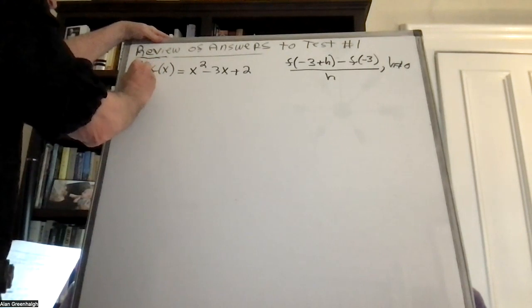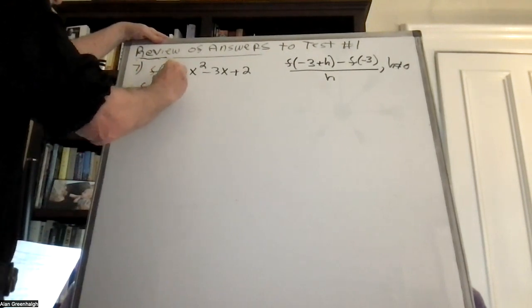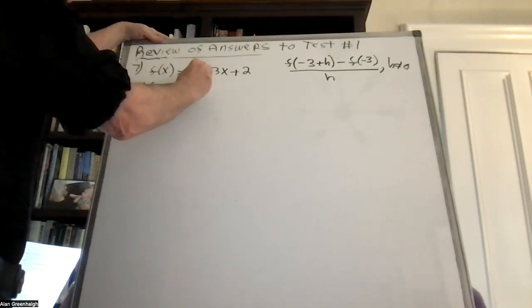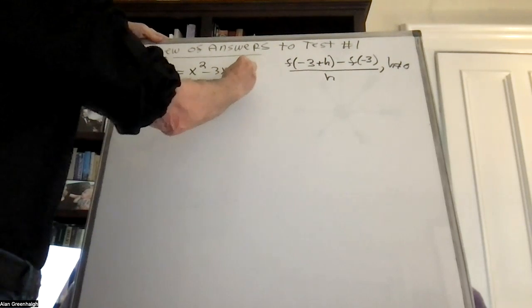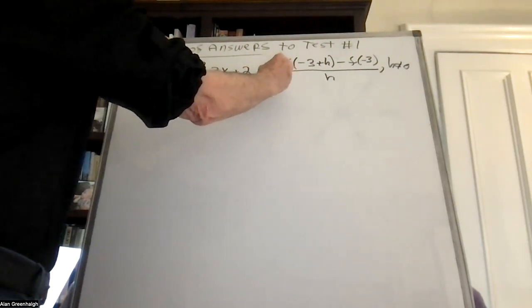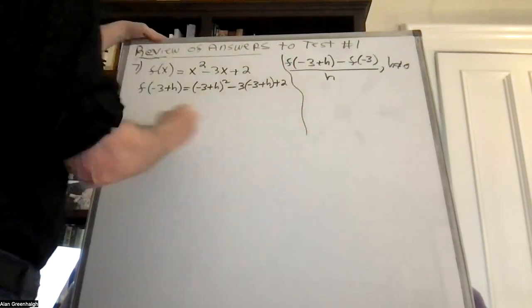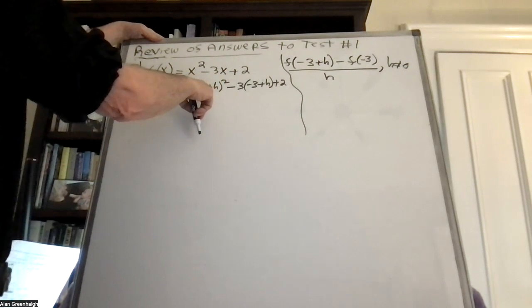So instead of f of x, you're going to have f of -3 plus h, which equals (-3 plus h) squared, -3 times (-3 plus h), plus 2. And this needs to be evaluated.